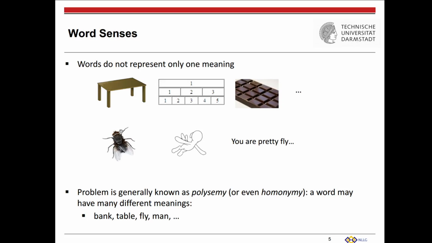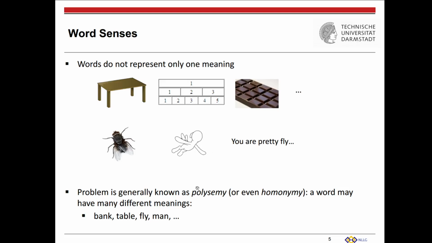In this case, we have the fly. This is a noun. We have to fly. This is a verb, and we have an adjective that also goes by the word fly. This is the same word form, but different meanings, different senses, right? This one word has different senses.